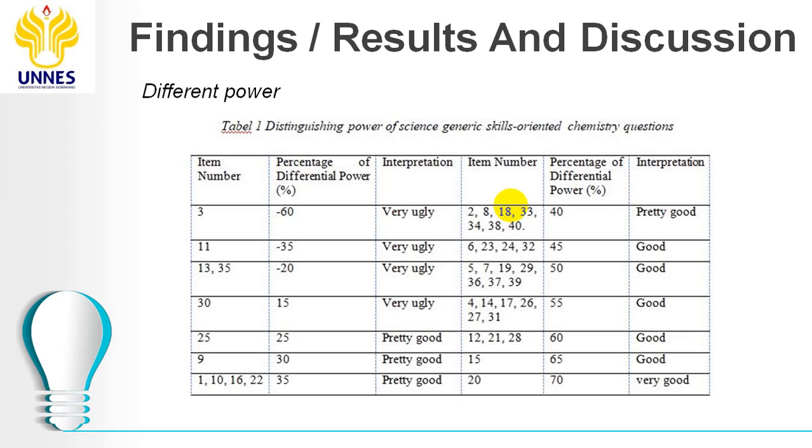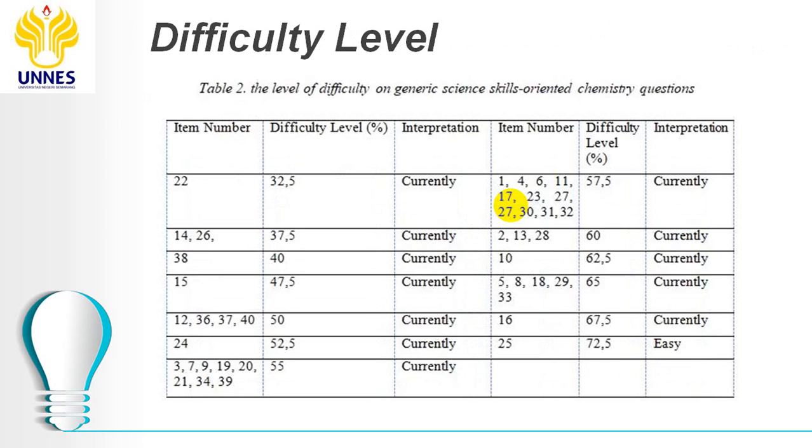The discriminating power of a question can distinguish between students with high achievement and low achievement on the achievement test or learning outcomes. Okay, next.